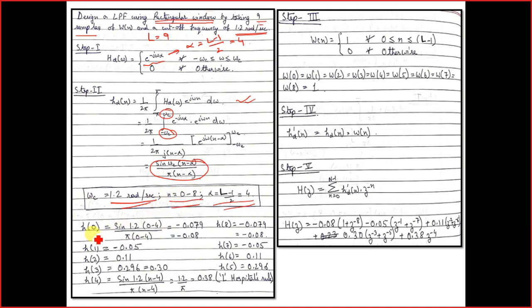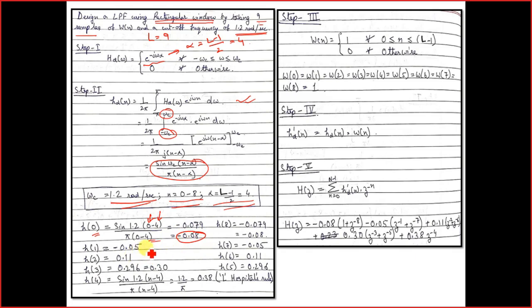So n varies from 0. If you see over here, n is 0, alpha is 4, so sine of 1.2 times (0 minus 4) divided by pi multiplied by (0 minus 4). So we get minus 0.08.